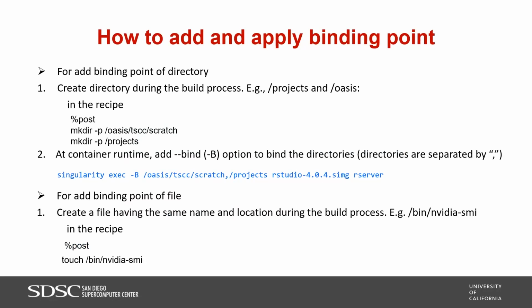So that requires you to add some binding points when running Singularity. If your Singularity version is new, like 3.7 or later, then probably you don't need to add the binding points when you build your Singularity image. But if your Singularity version is old, then you need to add a binding point first inside the recipe, in the post section.